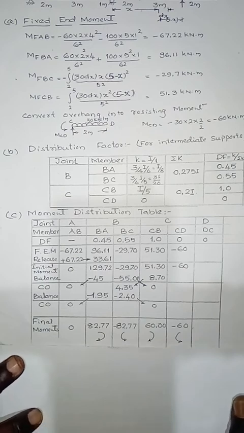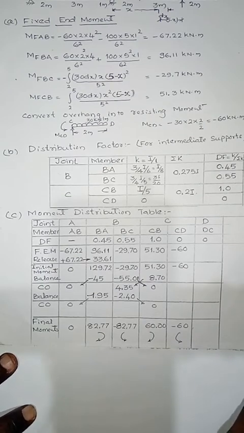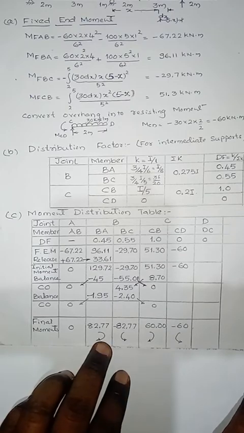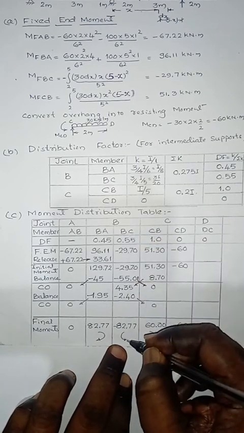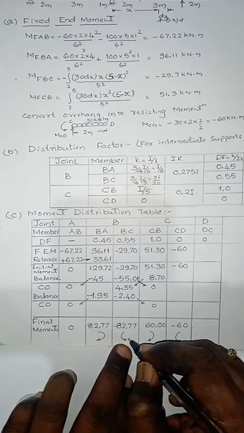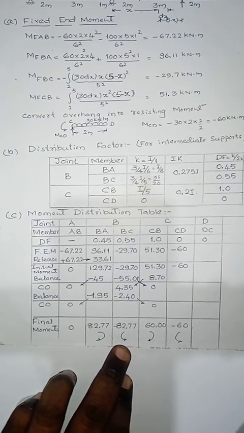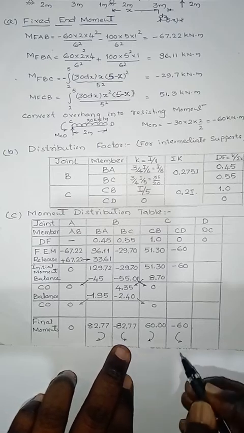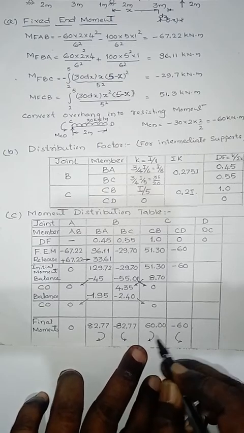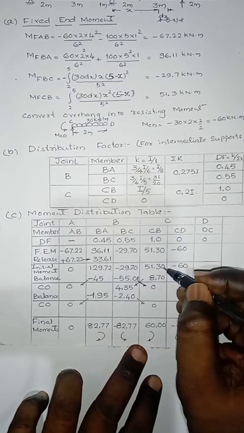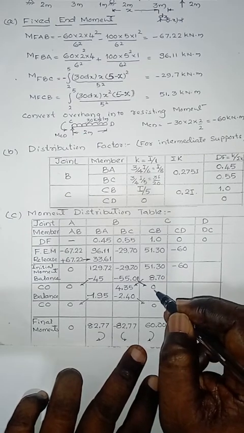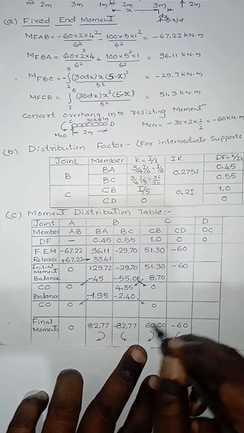That is positive, which means clockwise. Then adding the moments in column BC, we get minus 82.77, which is negative, meaning anti-clockwise. Similarly here, adding 51.3 plus 8.7 plus 0 gives 60, which is clockwise.